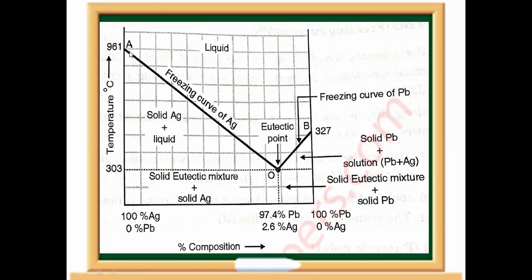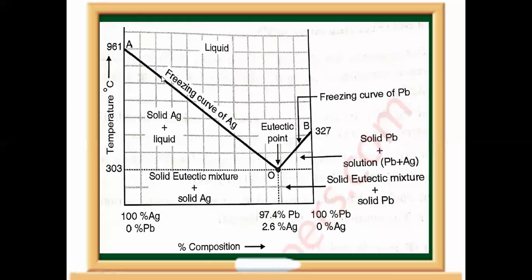As the temperature was coming down, as and when we were adding smaller and smaller quantities of lead, lead was going into the silver solution. Lead was mixing into the silver, thereby the temperature was dropping down because silver was freezing.